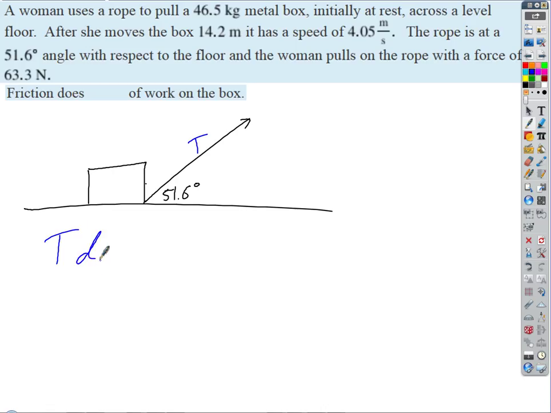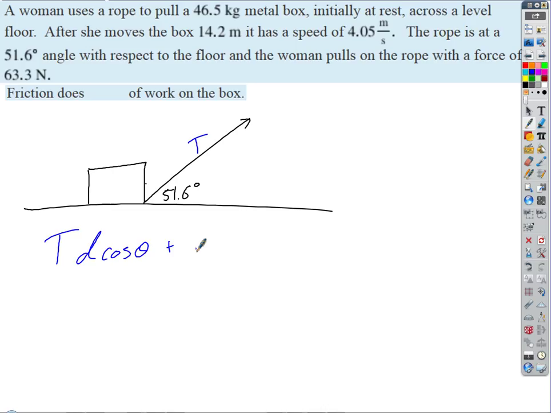I don't even have to call it D parallel anymore because they give us an angle this time. So you go cosine theta, which is 51.6. So that's the work due to the tension, everybody agree? Plus the work due to friction.